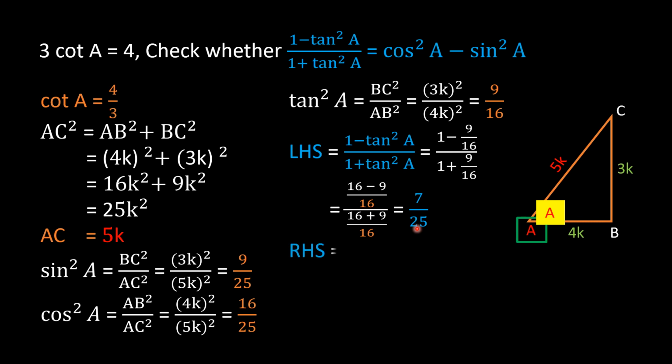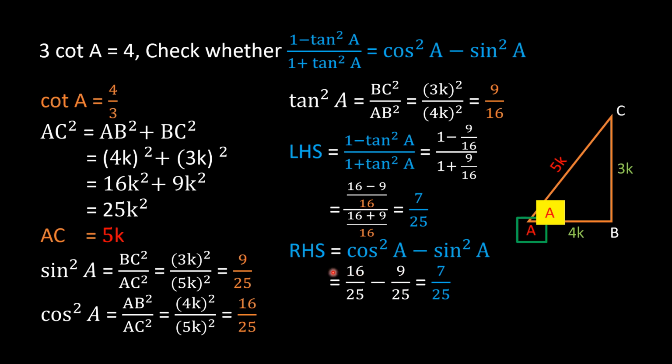Now we will solve the RHS, which is cos squared A minus sin squared A. We will substitute the values. Cos squared A is 16 divided by 25 minus sin squared A is 9 divided by 25. Since the denominator is same, we will subtract the numerator directly.